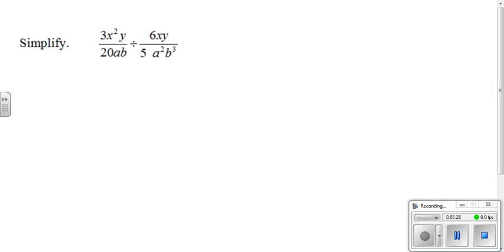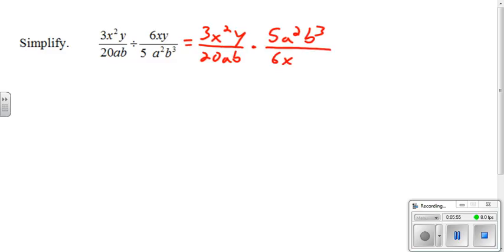So let's see how that works with some examples here. If we have 3x squared y over 20ab divided by 6xy over 5a squared b cubed, that's the same as saying 3x squared y over 20ab times the reciprocal, 5a squared b cubed over 6xy.